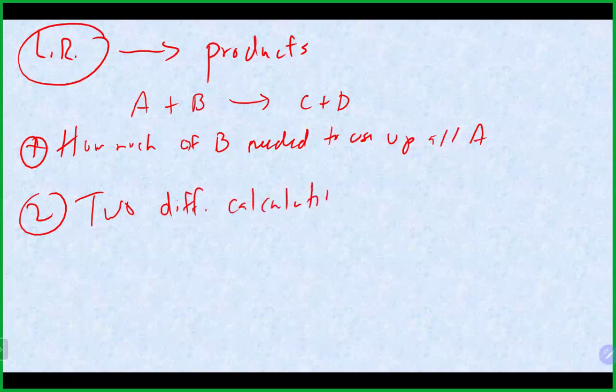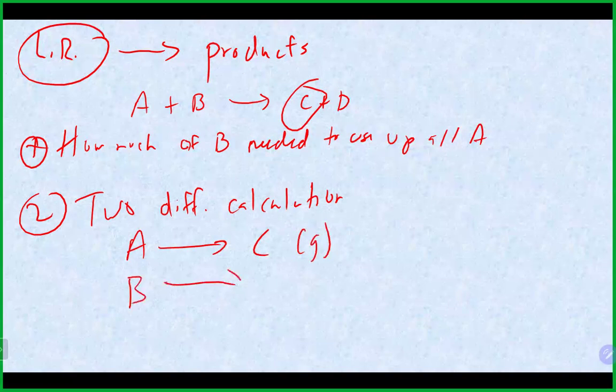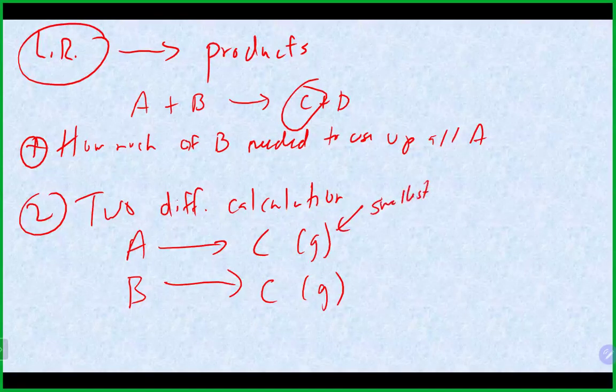Basically what you would do, for example, here, if we were interested in C, you would go from A to C and figure out how many grams of C you would produce if you started with A. And then you would do a separate calculation where you go from B to C and figure out how many grams of C you would produce if you started with B. And whichever one is the smallest number of grams would be both your limiting reagent and also your theoretical yield. So that's the other very common way of doing it.